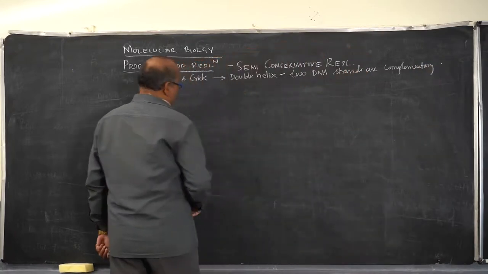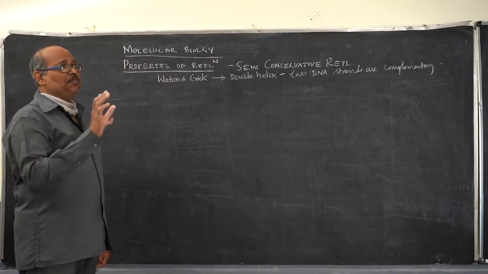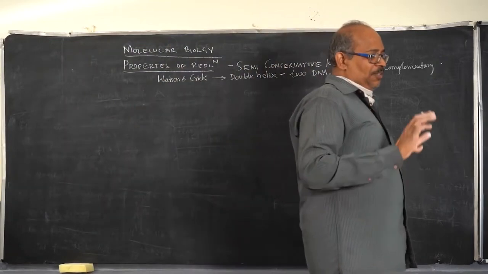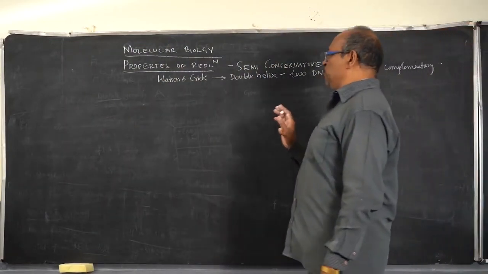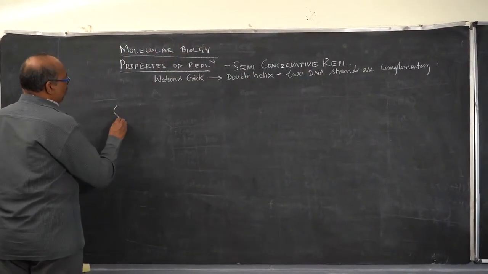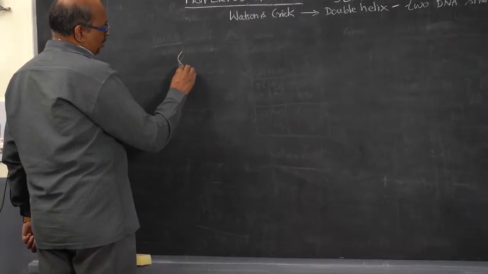So the entire concept of the semi-conservative mechanism came from one of the properties described by the Watson and Crick model, and that particular property is the complementary state of the two strands of DNA, where the nucleotides in one strand determine the nucleotides in the other strand.